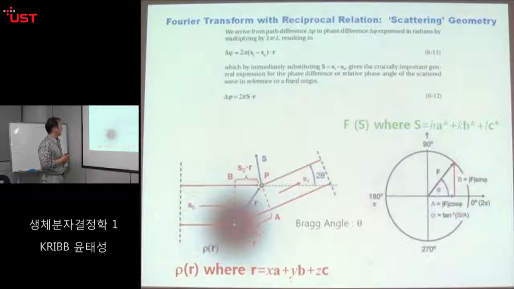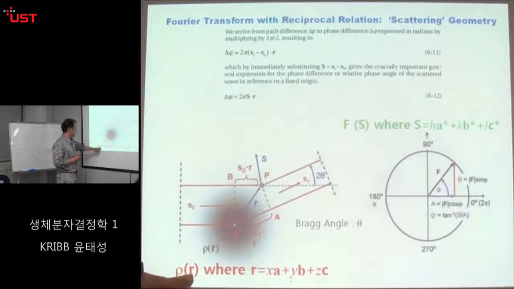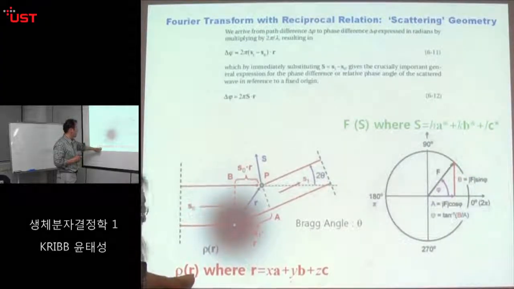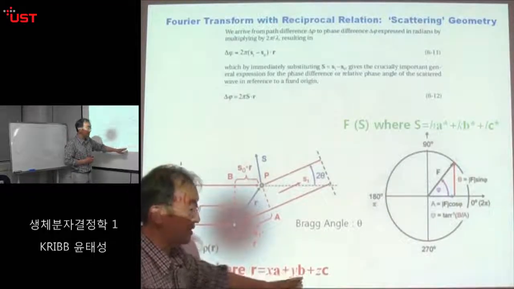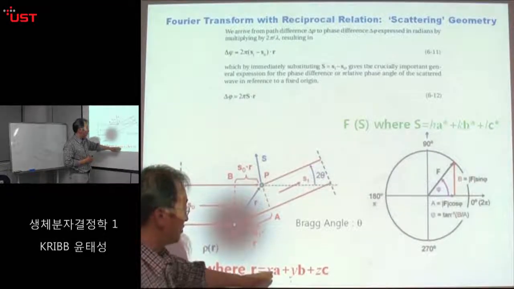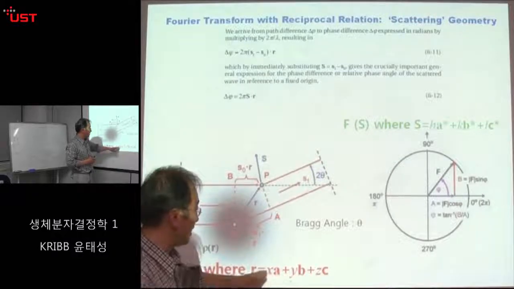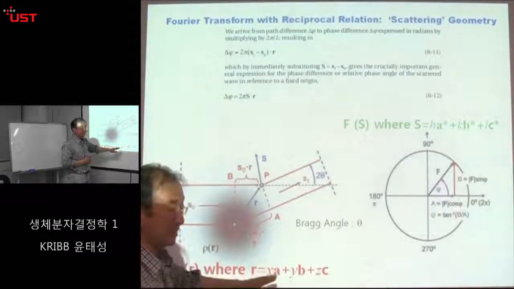Also, rho, electron density, can be described in general vector, position vector R, but R can be described in terms of XYZ relative to ABC vector, but XYZ is a fraction of ABC.